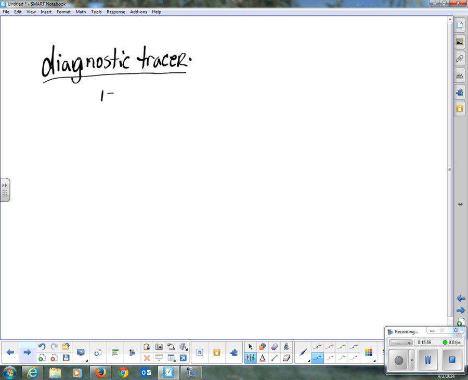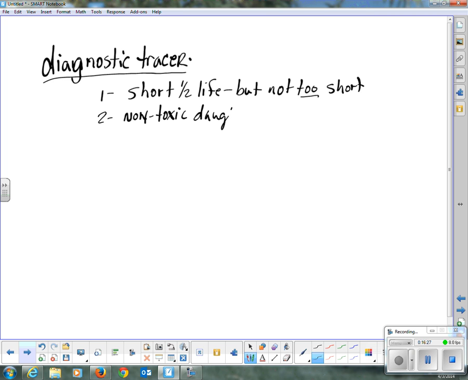Remember, they were a short half-life, but not too short, because it's got to be long enough to run the test and be able to follow it. It needs to have a non-toxic daughter, because we want it to be stable after it decays once. And we want it to be fairly available.